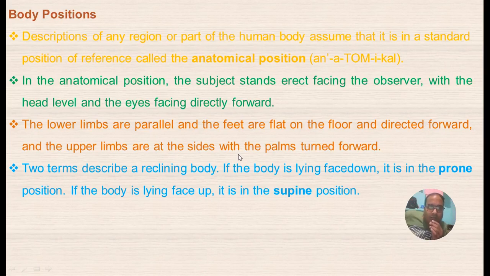Two terms describe a reclining body. If the body is lying face down, facing the earth, it is in a prone position. If the body is lying face up, facing the sky, it is in the supine position. So these are the two basic positions.